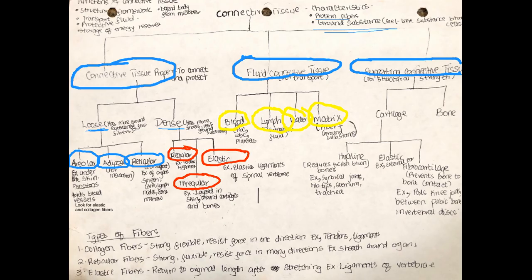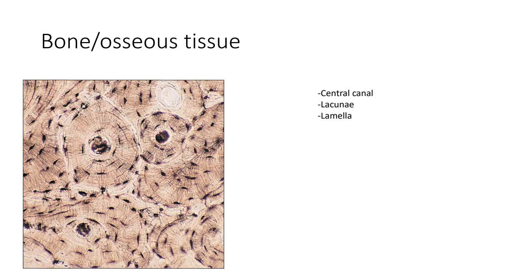It makes it easy to recognize these tissues if you can picture them as something you are familiar with. It's going to make it easy for you to remember. See these rings? It looks like a tree trunk.